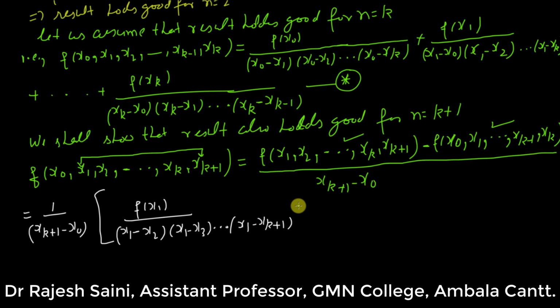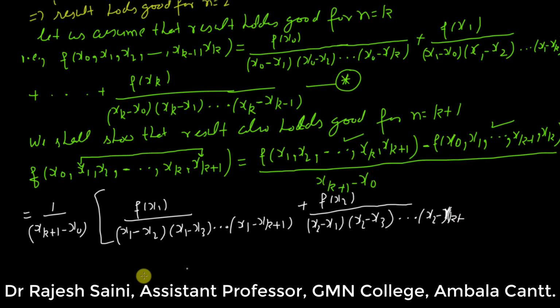Fine. Now next will be f of x2. It will be x2 minus x1, x2 minus x2 will not be taken, x2 minus x3, and x2 minus xk plus 1.